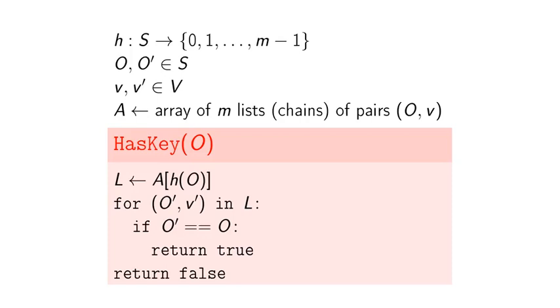If for some pair O prime is the same as the object O for which we are looking, we return true, because it means that there is an entry in our map corresponding to the object O. If we don't find any corresponding pair in the list, we return false, because that means there is no such object and there is no key corresponding to this object in our map, because it only could be in the list corresponding to the cell with number h of O, and we didn't find it there.